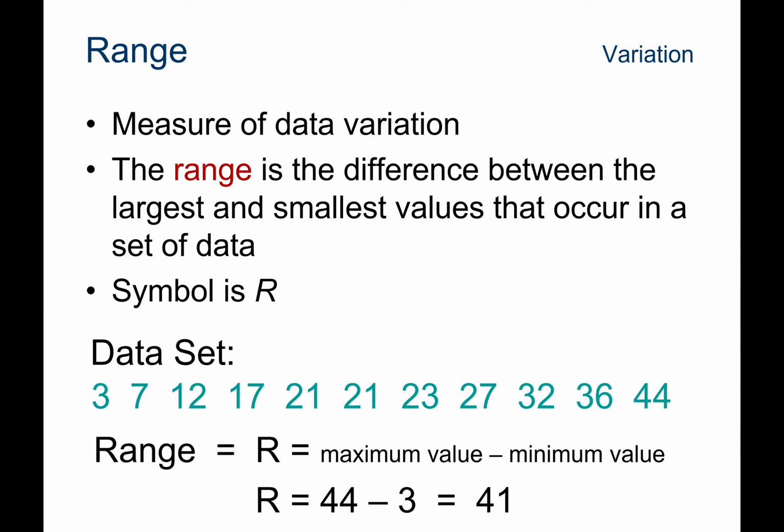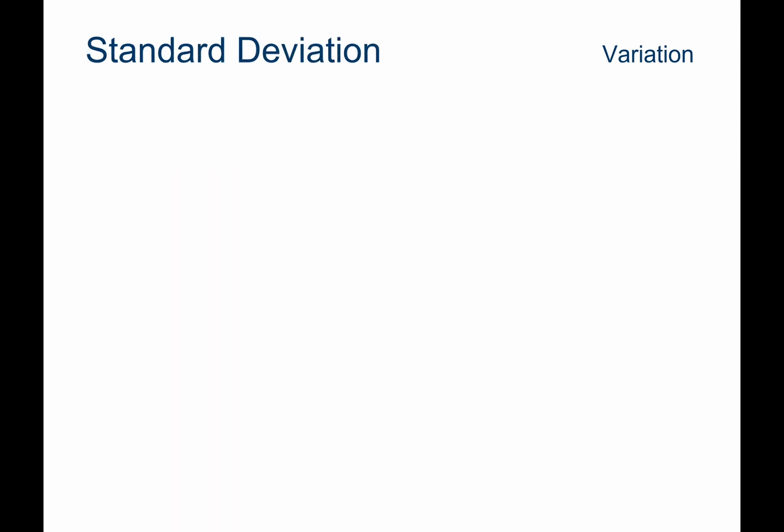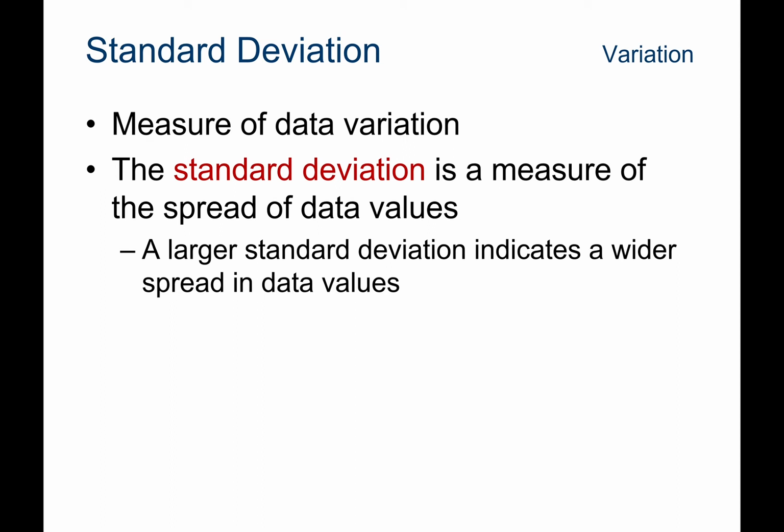This is the most common way of measuring variation, but it's actually one that's not used by engineers all that often. The type that's used by engineers frequently is called standard deviation, and standard deviation is a bit more of a complicated measurement. The difference between range and standard deviation is that range compares the largest and smallest values, where standard deviation compares all the data values to the middle of the data.